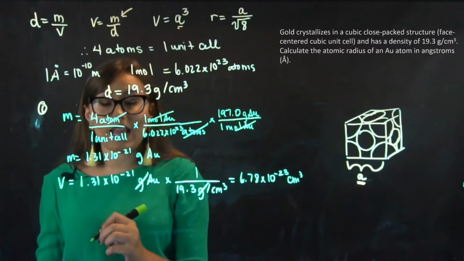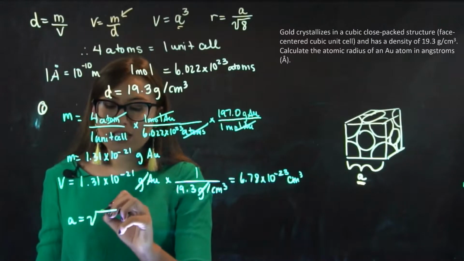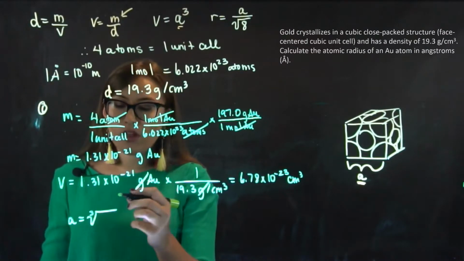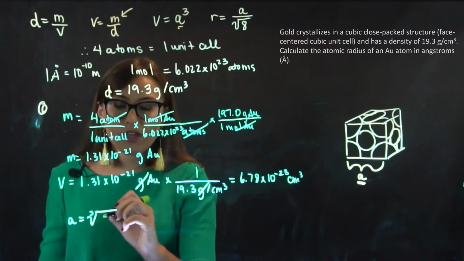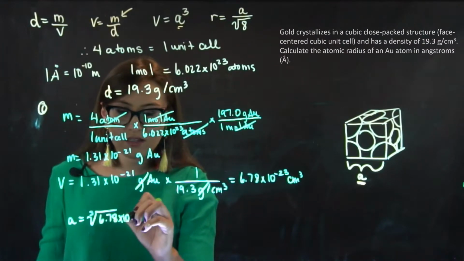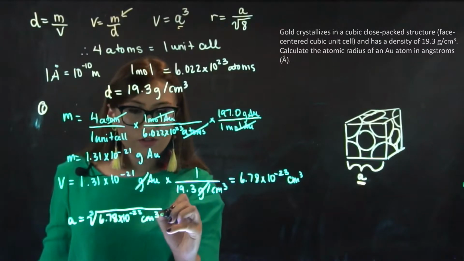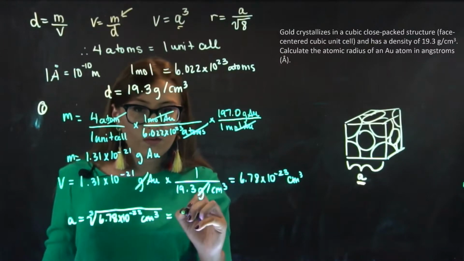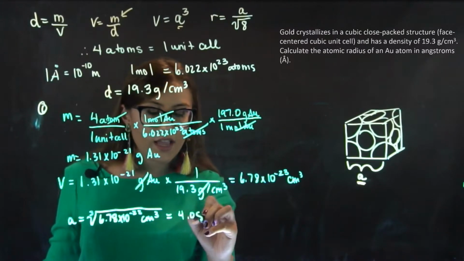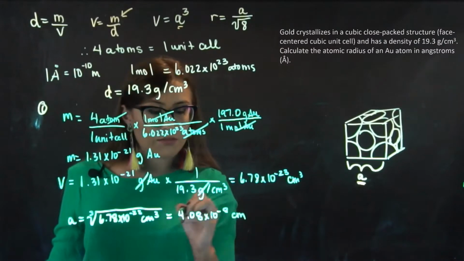Well, the very next step is to determine what A is equal to. In order to determine A, we need to take the cube root. So in this case it will be the cube root of 6.78 times 10 to the negative 23rd centimeter cubed, and this will be equal to 4.08 times 10 to the negative 8 centimeters.